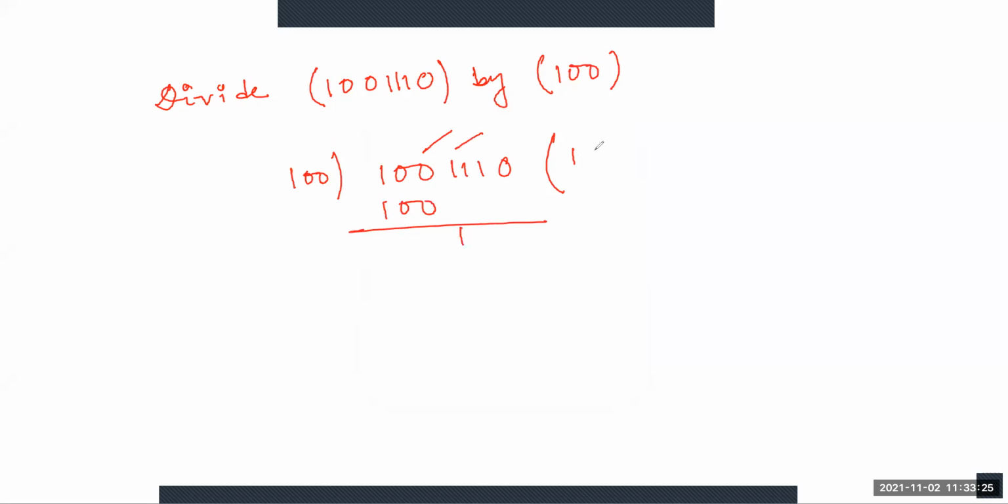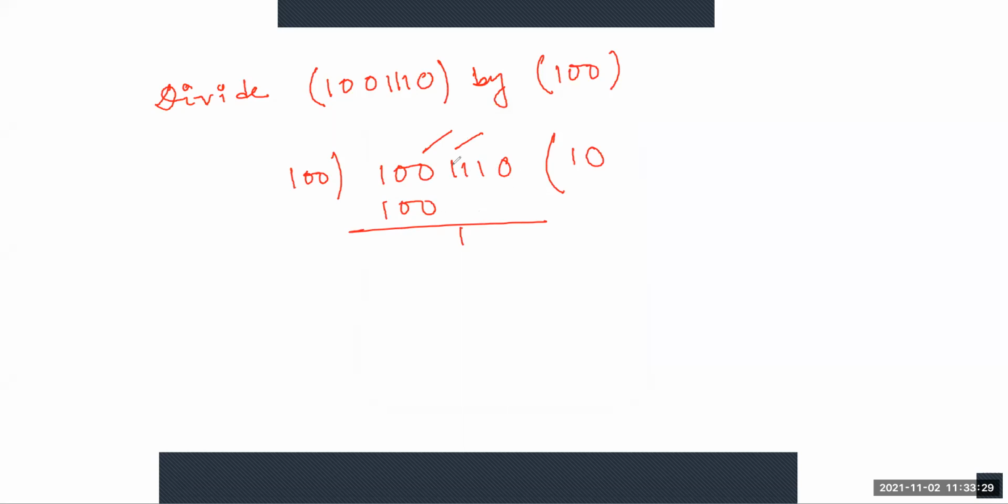So it is not divisible. So it is 0. So we are taking 1 and this is 0. Okay, again it is not divisible. So we are taking 1. So now it is 1 times, that is 100.